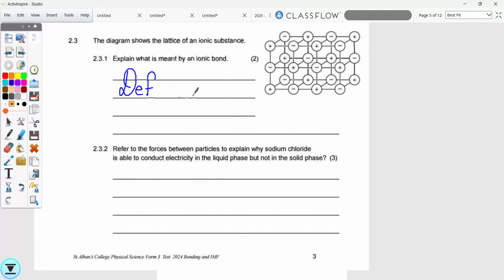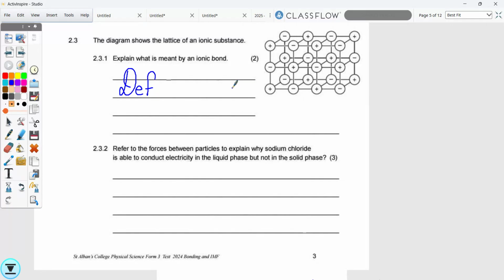How can you make this easier for yourself? Go to your notes and just literally learn the definition. Your notes have the definition: it's a transfer of electrons from one atom to another and the subsequent electrostatic attraction between the cation and the anion.